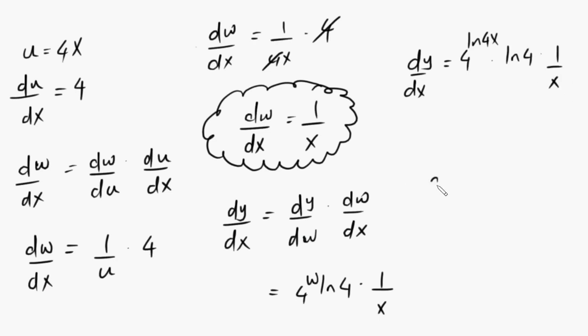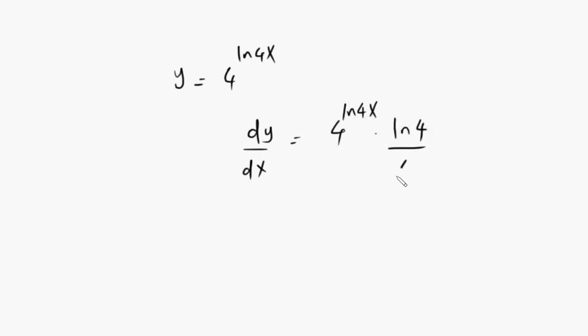So my final answer, dy dx, is just going to be equal to 4 power ln 4x times ln 4 over x. So when y is equal to 4 power ln 4x, dy dx is equal to 4 power ln 4x times ln 4 over x. So this is the derivative of this. So this is all about derivative of exponential functions. Let me just say, see you in the next tutorial.